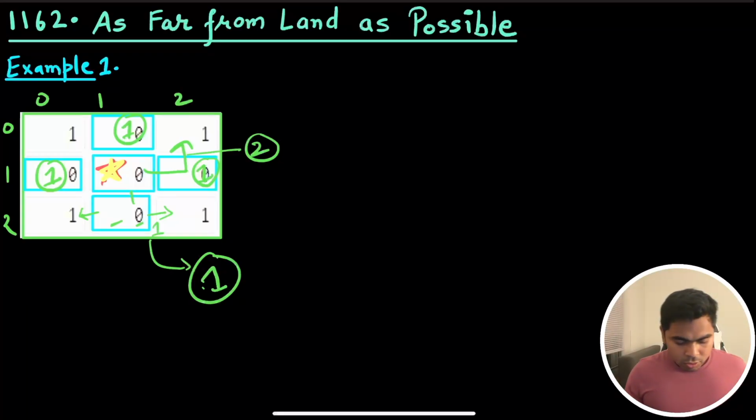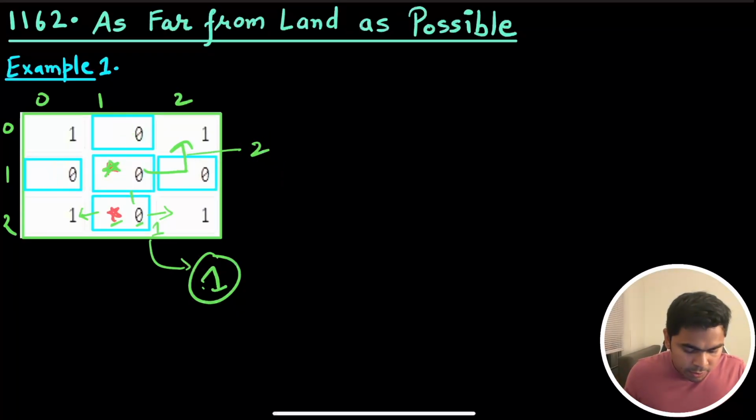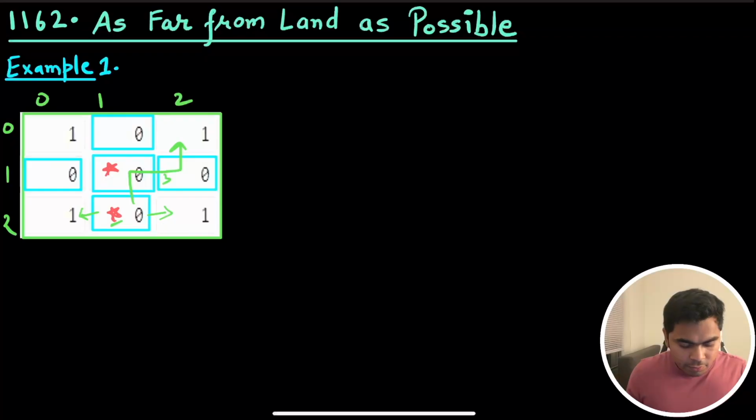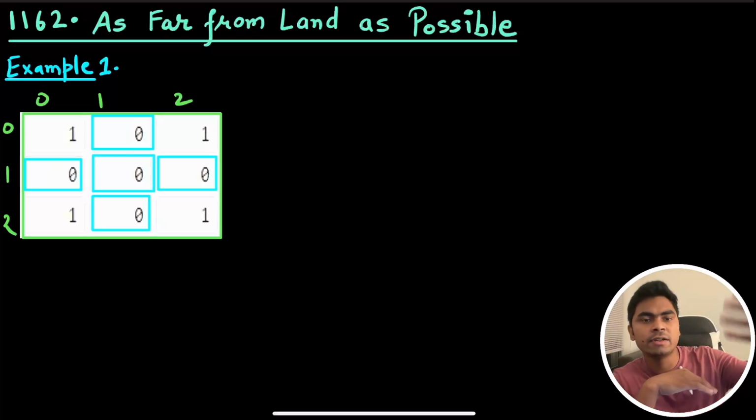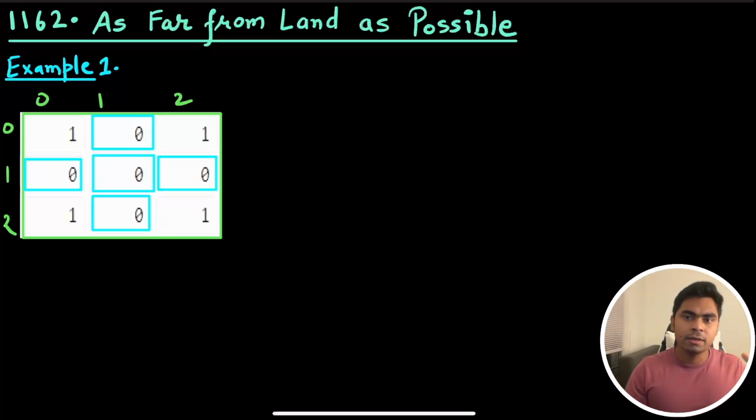All right, so we know it would be BFS that will provide us the solution, because we will push all these 0 cells into my queue, and then from there I will run BFS, so that when I come across the furthest land, that's when I will return that distance, basically the level, right?